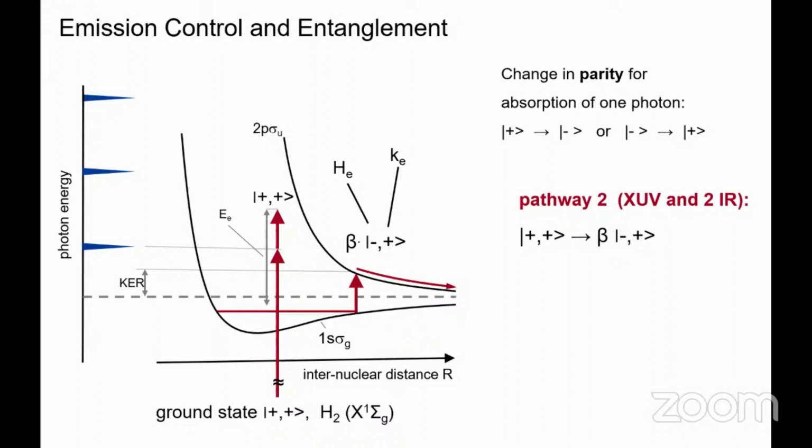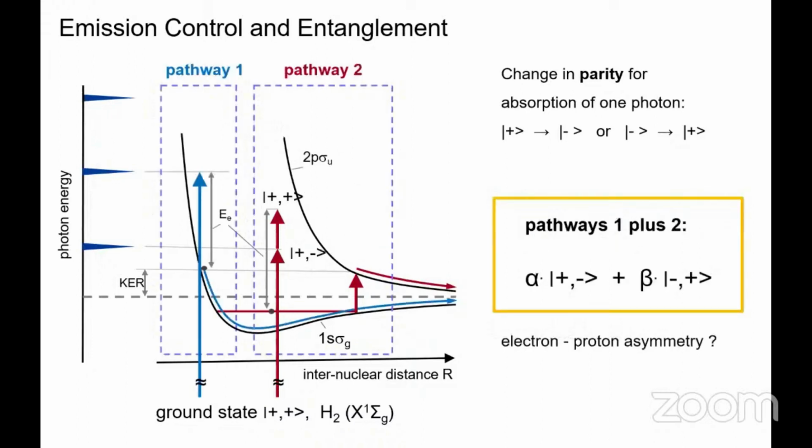You end up in this state here, beta minus plus. And since we cannot distinguish the two, we have to add them up coherently. That's it. Pathway 1 plus pathway 2, you get this sum. And from the experiment, we can even extract the parameters alpha and beta. So these are parameters that we can measure.